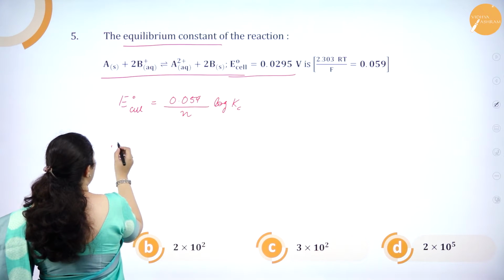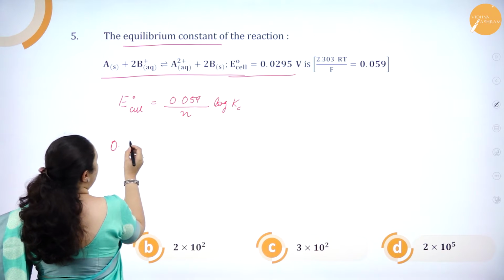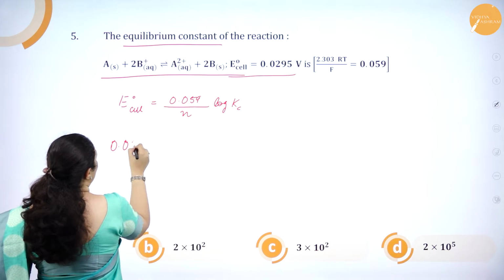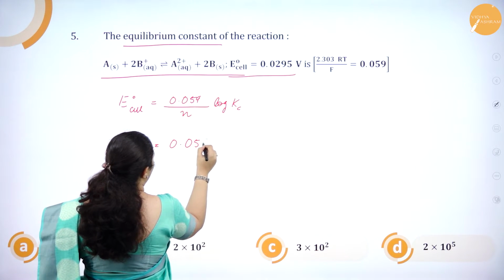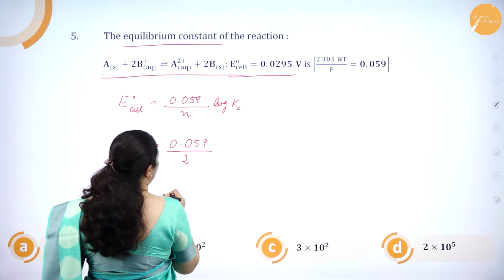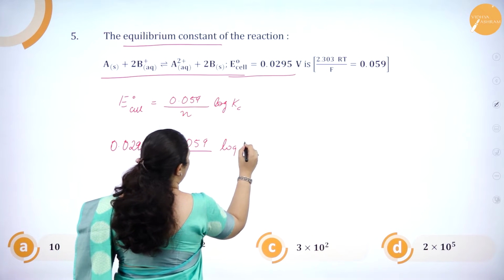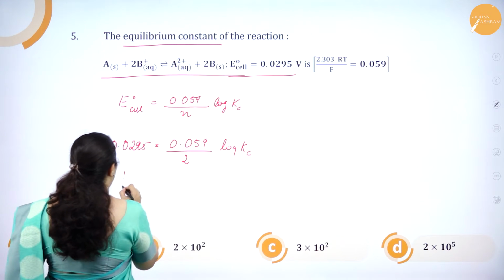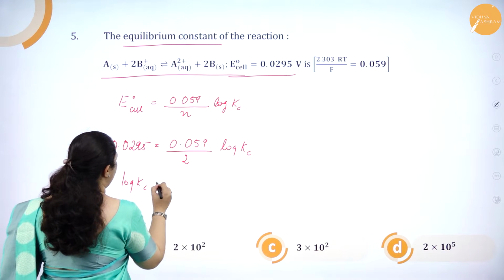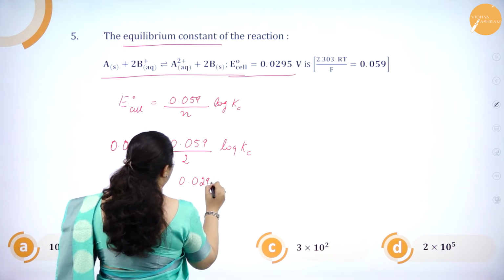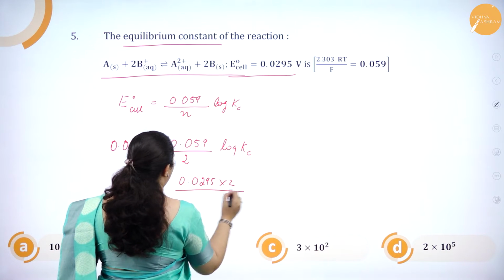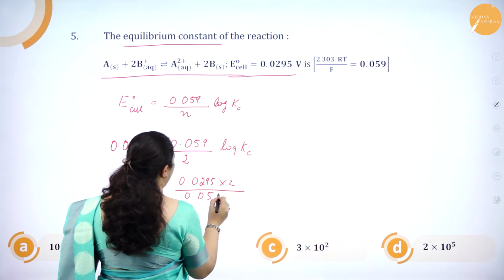So E naught of the cell is 0.0295 is equal to 0.059 divided by 2, okay, log Kc. So I'll keep log Kc on one side: 0.0295 into 2 divided by 0.059.